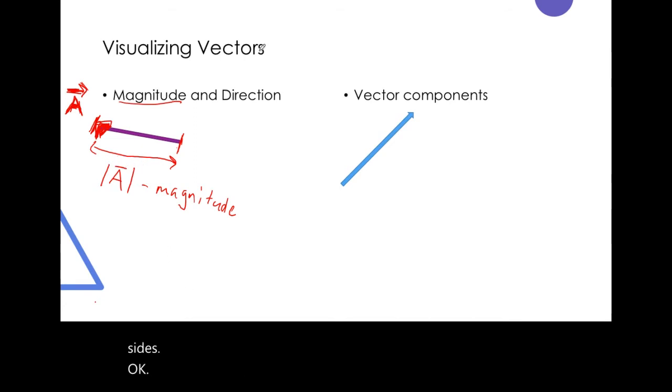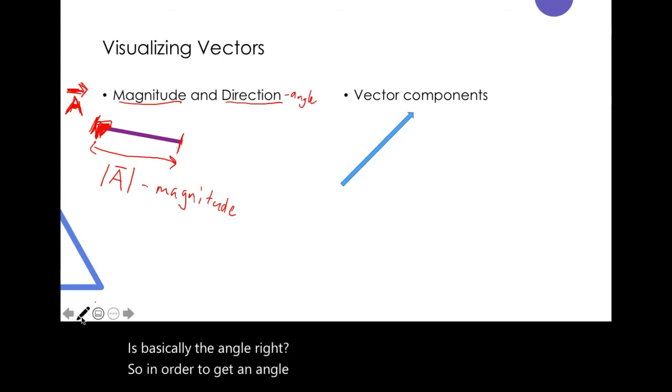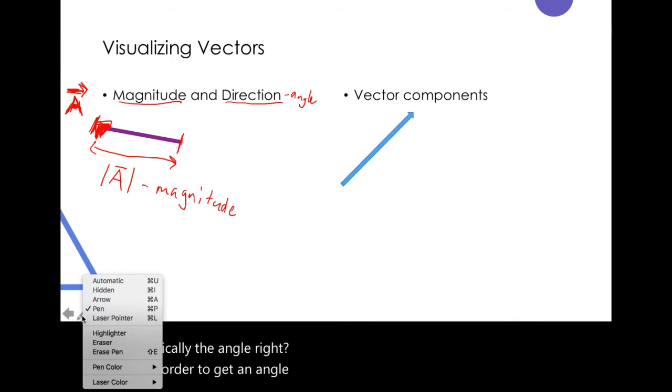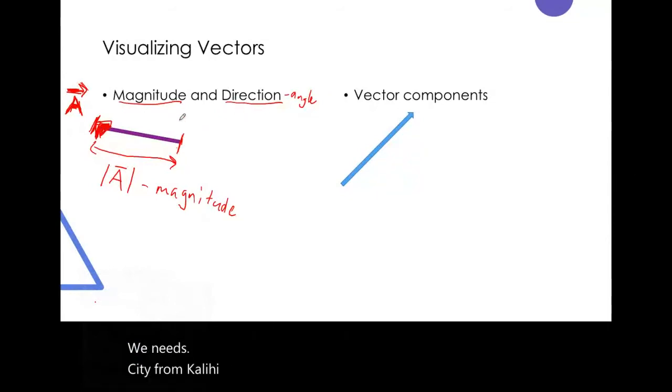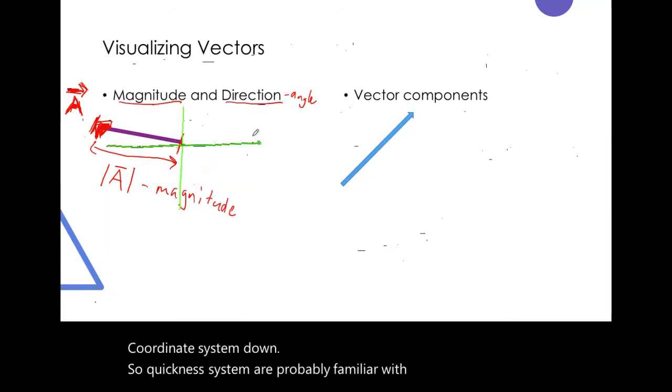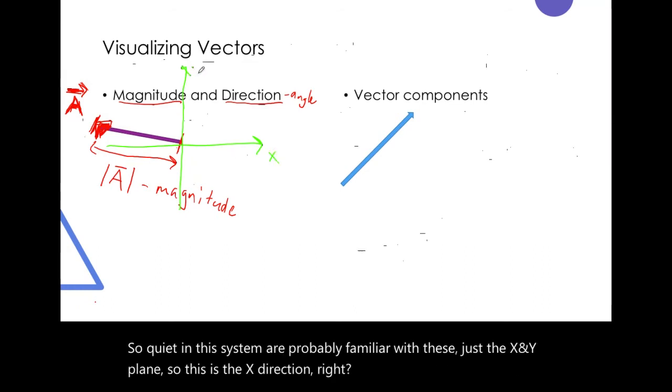Okay, and then the direction, I said earlier, is basically the angle. So in order to get an angle down, we need to set a coordinate system down. The coordinate system you're probably familiar with is just the x and y plane. So this is the x direction, and up here is the y direction.